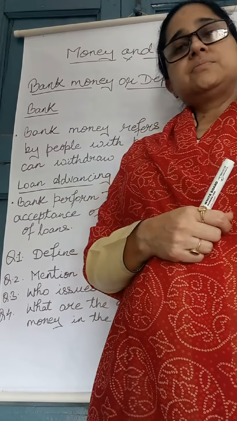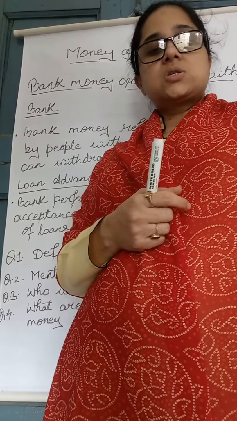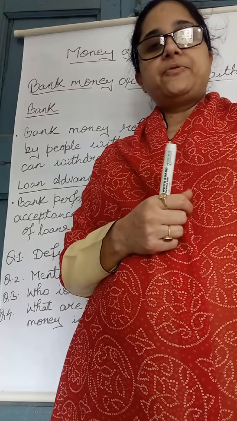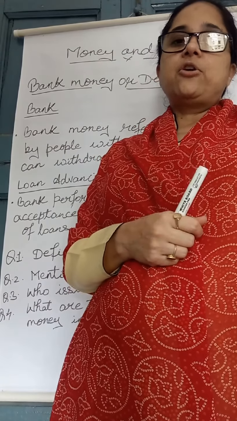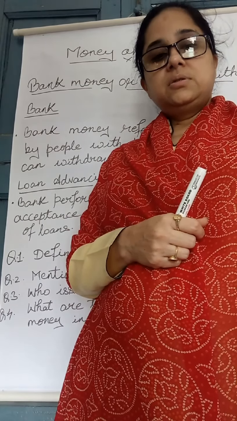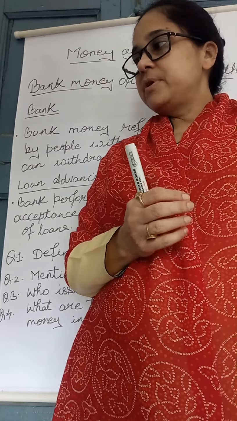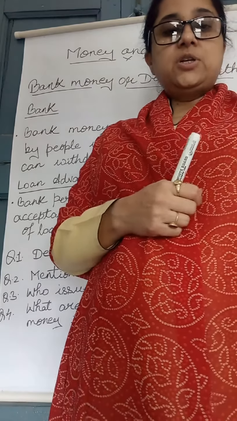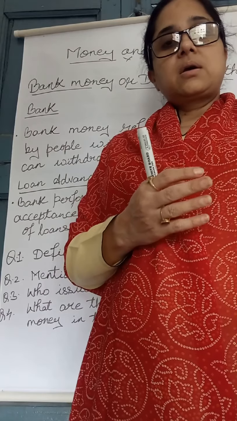In this phase, currency notes, that is paper notes or coins, are used as a medium of exchange. These are not made of any precious metal, yet they are used as a medium of exchange because the government of the country authorizes the currency.